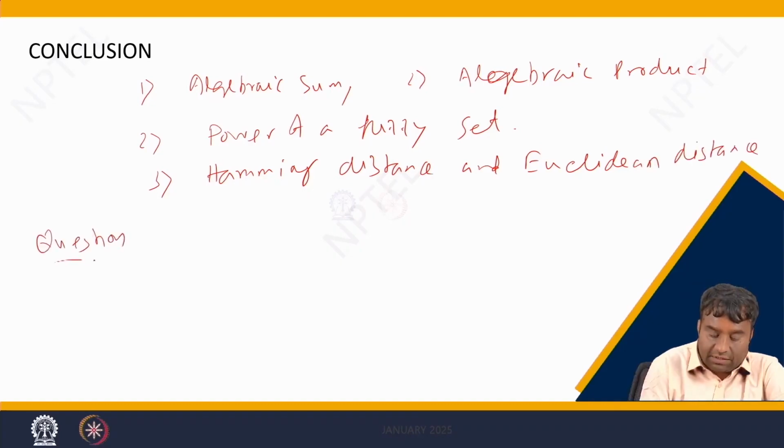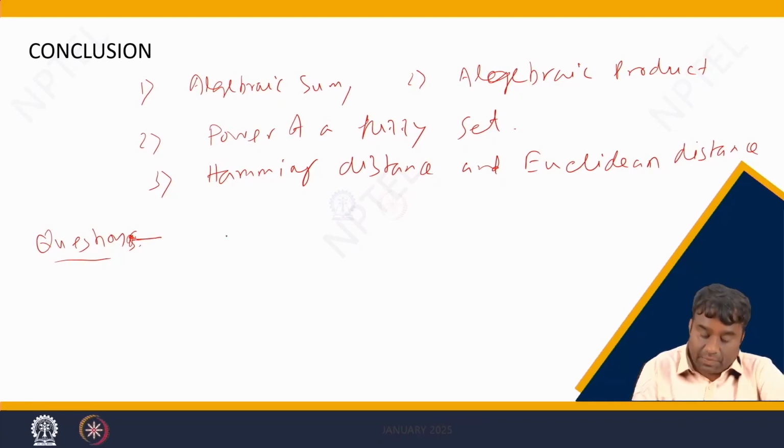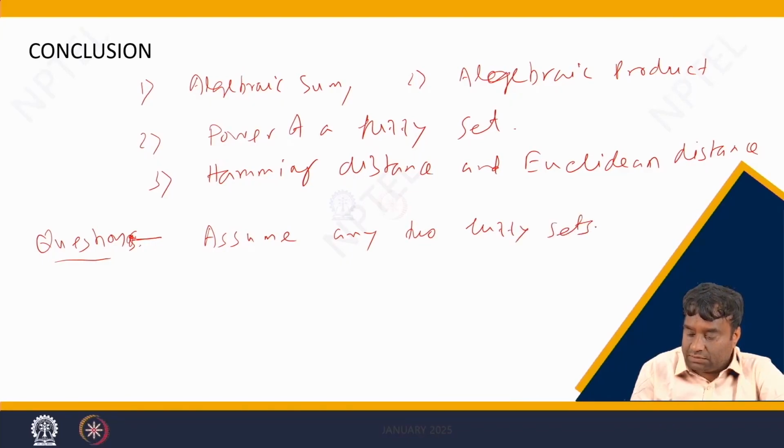The question is: assume any two fuzzy sets and calculate all these terms that we have learned in this class.